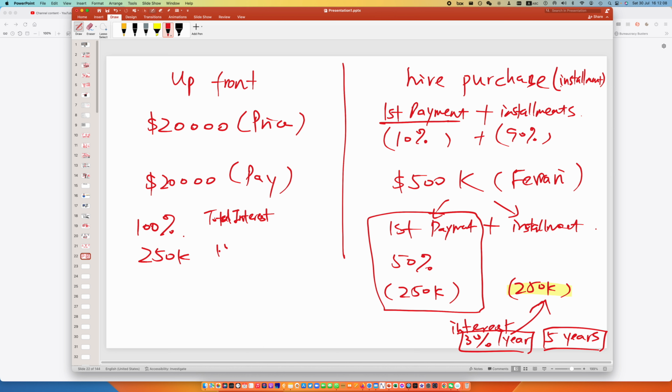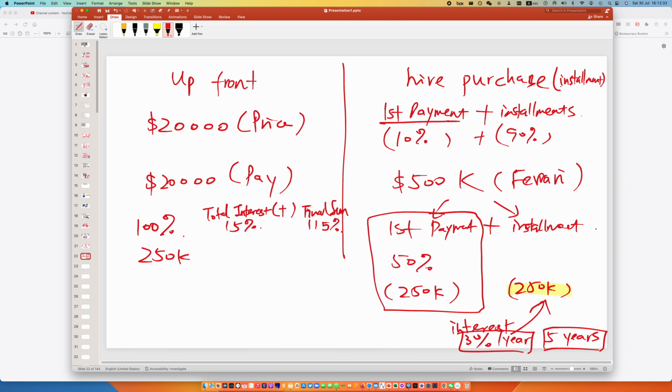So the total interest is actually 15%. This interest is surplus, you need to pay more. So the final sum you need to pay, in terms of percentage, is 115%.